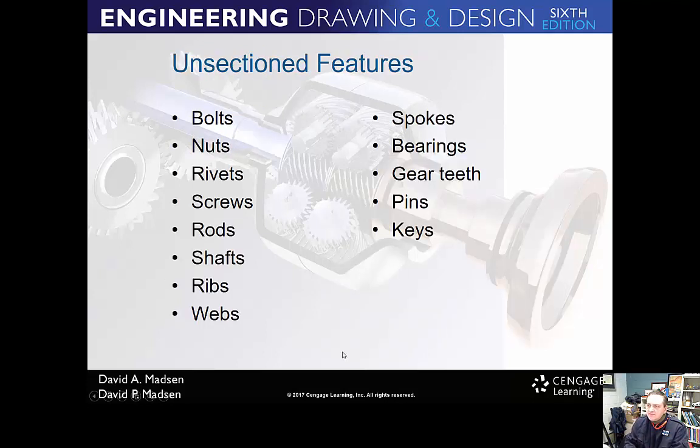All right, so here are some things that you do not have to section: bolts, nuts, rivets, screws, rods, shafts, ribs, I'll show you why here in a minute, webs, spokes, bearings, gear teeth, pins, and keys. And you're going, oh, whoa, wait a minute. We're doing a wheel and it's got a spoke. Well, we have to see what the cross-section of that spoke is.